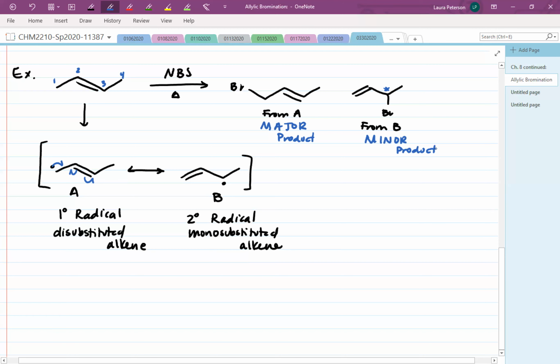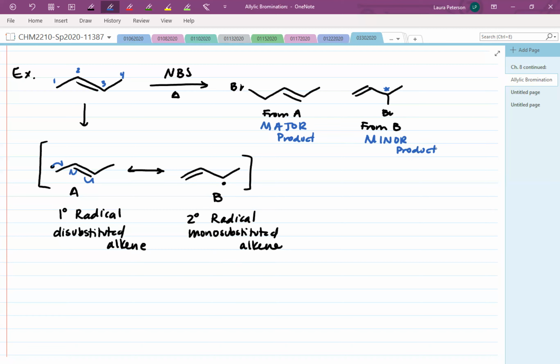So what we can infer is that the substitution of the alkene dictates the overall allylic radical resonance structure stability more than the substitution of the carbon that bears the radical. The resonance contributor of the allylic radical with the more substituted double bond is what's going to dominate and lead to the major product.